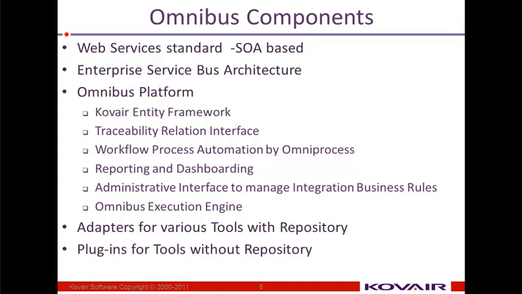So for example, you're using, let's say, Requisite Pro, which is a requirements management tool, and you can create a requirements entity within Kovair to correspond to that particular object in Requisite Pro. So loosely we call it a proxy entity. So you can create as many different kinds of entities in Kovair which correspond to those external objects in external tools. Then you can create the traceability relation between all these different kinds of entities.